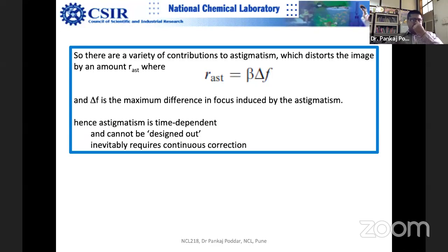AST stands for astigmatism, and that is proportional again to beta. So all these three contributions are proportional to beta and proportional to delta F. Delta F, in the next coming lectures on HRTEM, high resolution TEM, we will be discussing a lot about delta F. Delta F is basically again the deciding factor in the resolution.